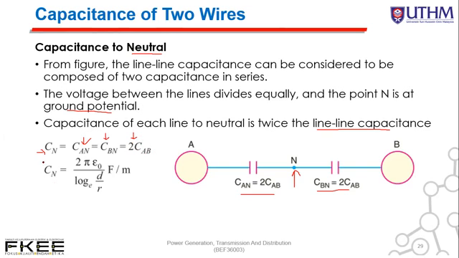If we convert, we get the capacitance to neutral, which is 2 pi epsilon naught over log of D over R farad per meter.